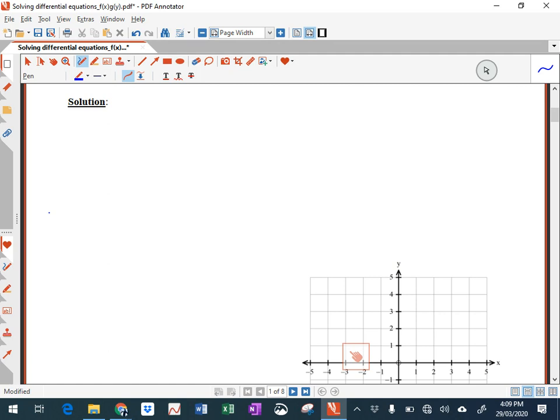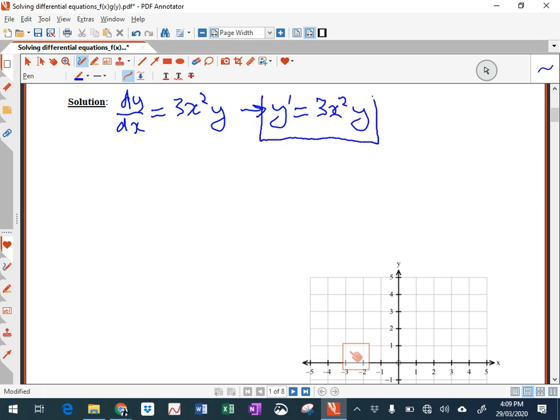So the differential equation here is dy dx equals 3x squared y. Now, I would also, just for the sake of abbreviation, write this down as y dash equals 3x squared y.